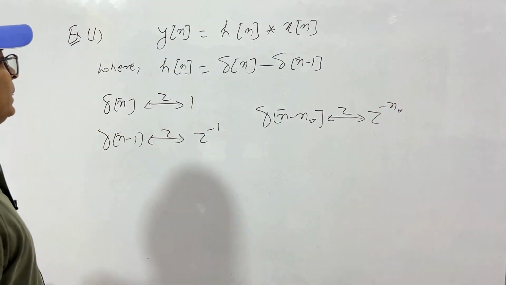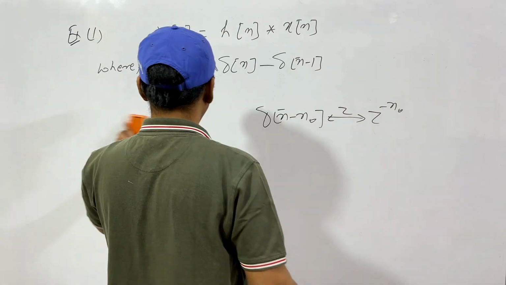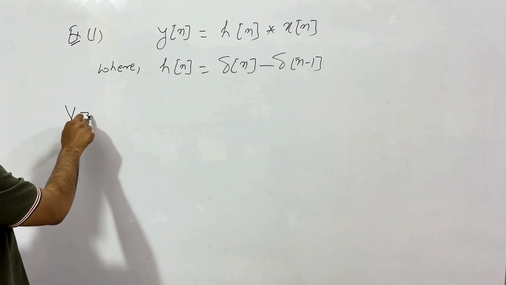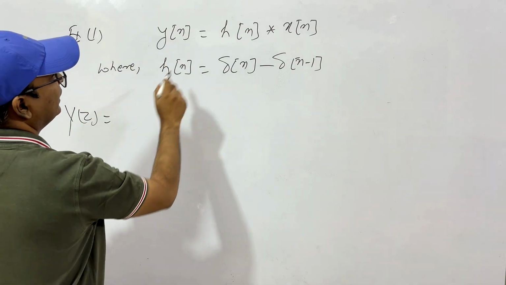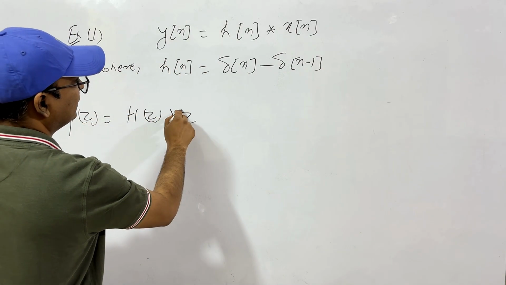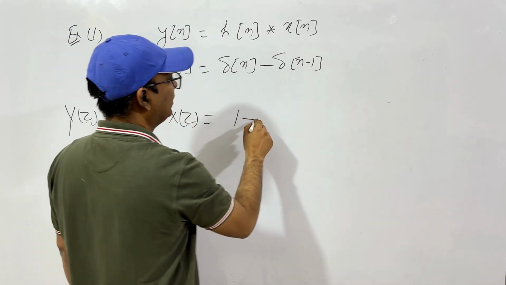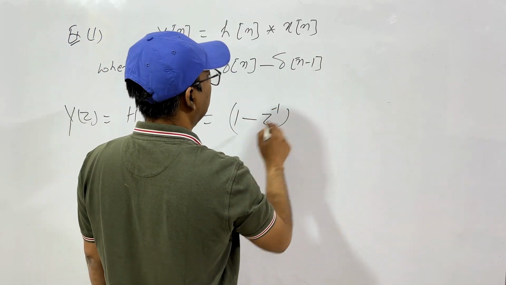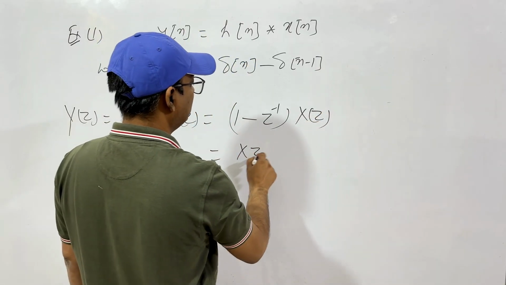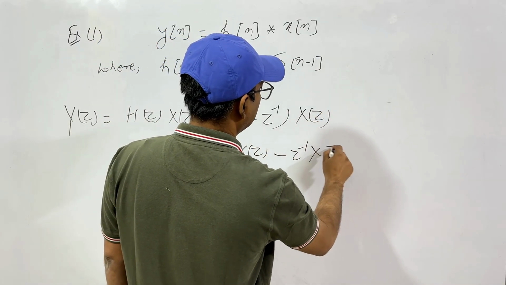We have seen this. Therefore, Y(z) is H(z) into X(z), where H(z) is 1 minus z inverse, and this is X(z), or z inverse X(z).